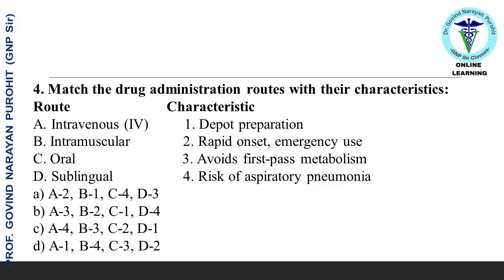Question 4. Match the drug administration routes with their characteristics. Route, characteristic. A. Intravenous, IV, 1. Depot preparation. B. Intramuscular 2. Rapid onset, emergency use. C. Oral 3. Avoids first pass metabolism. D. Sublingual 4. Risk of aspiration pneumonia. Options: A. A2, B1, C4, D3.